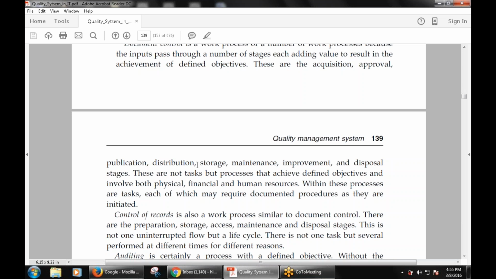Now these are not tasks but processes that achieve defined objectives and involve both physical and financial human resources that are required for this.